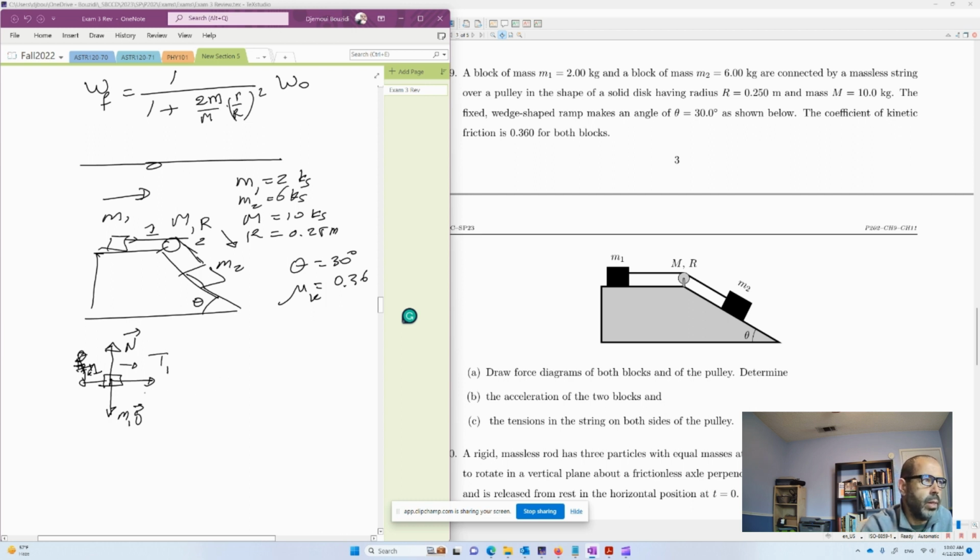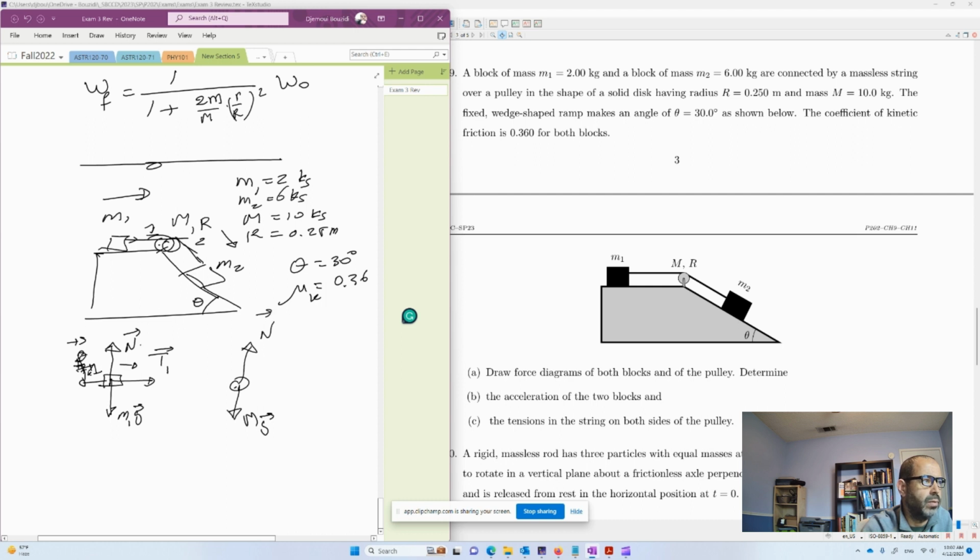Anyway, that's M1. So the forces are T1 and F of friction pointing in the opposite direction, and the two forces in the vertical direction. For the pulley, it has the support, and I drew it a little bit tilted, but it's supposed to have M1 or a big MG pointing down, and the normal from the support on it.